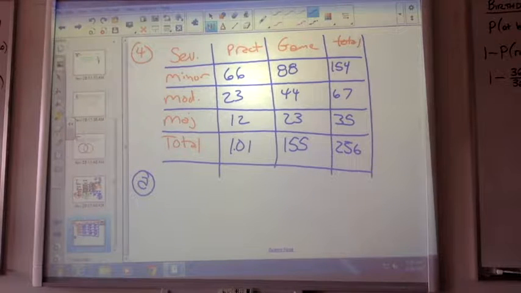Yes, 256 is way more than one season. This is all of Major League Soccer throughout all of it. It'd be like taking the whole NFL or NBA, so that many injuries of the entire league.